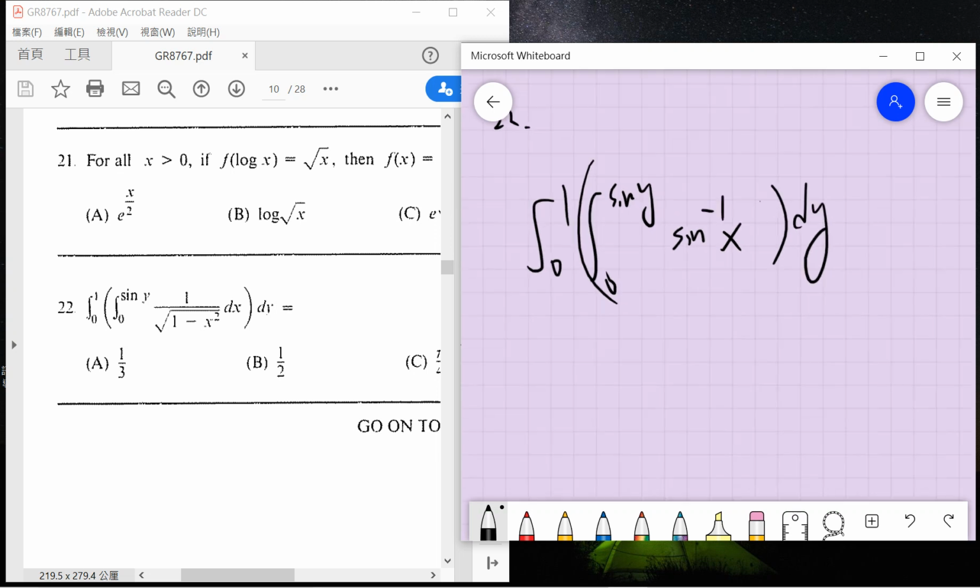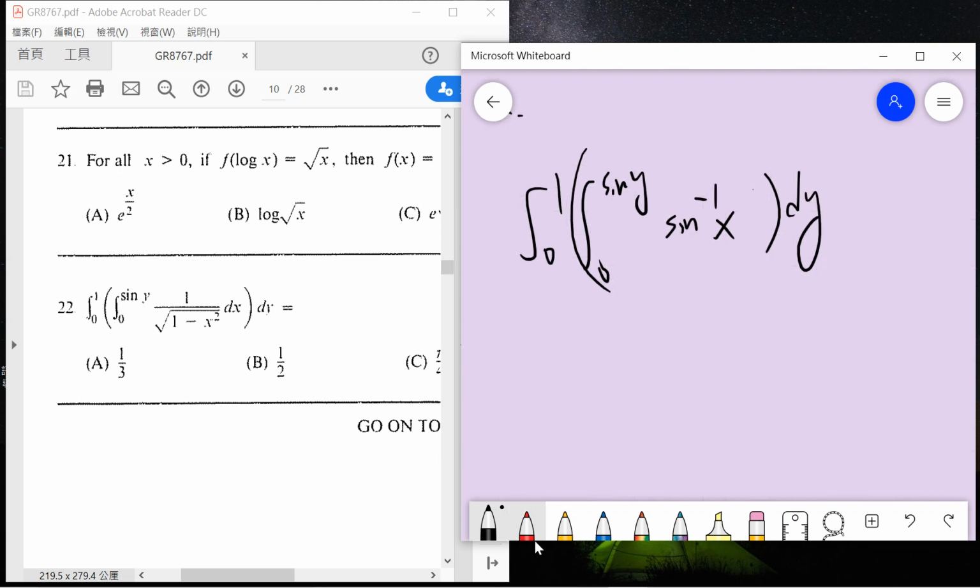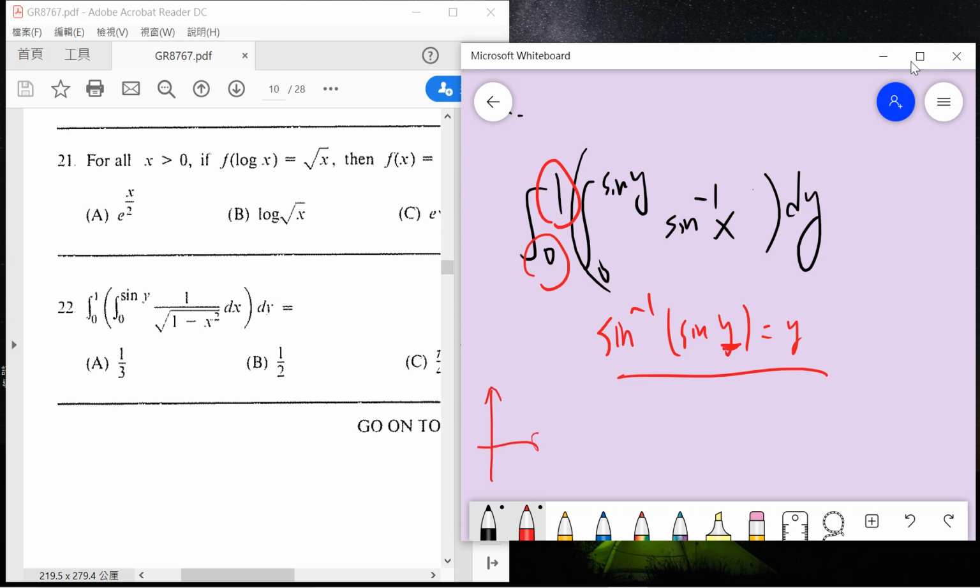An important fact is that y is from 0 to 1. So then sine inverse of sine y is y. This is definitely not correct in general. You need to check the domain of y.